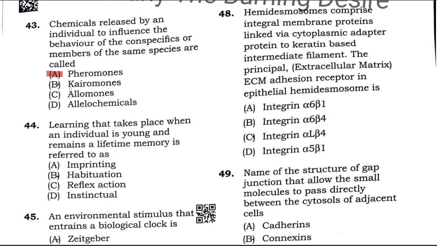When prey releases some kind of chemicals and the predator perceives them, it uses those chemicals to locate the prey, so the predator is getting benefited. So that relationship is where the chemicals are pheromones.